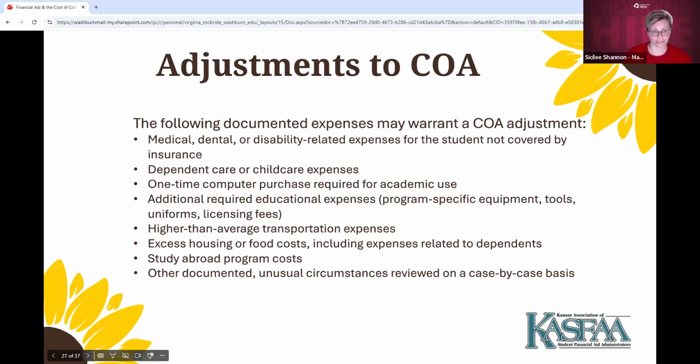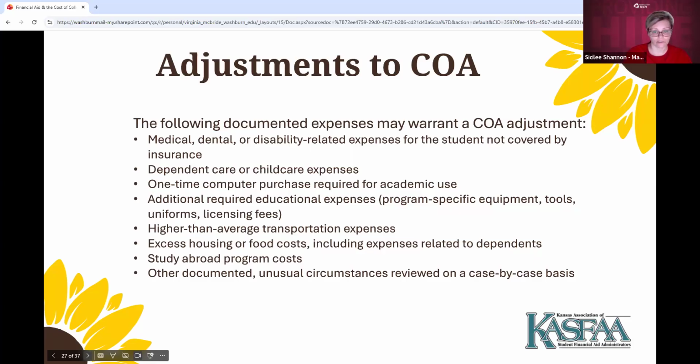Additional adjustments that can be made for cost of attendance could be things like medical, dental, or disability-related expenses for the student not covered by insurance. If the student has dependent care or child care expenses, or some students may need additional computer purchases required for their academic use, adjustments can be made for a one-time purchase.